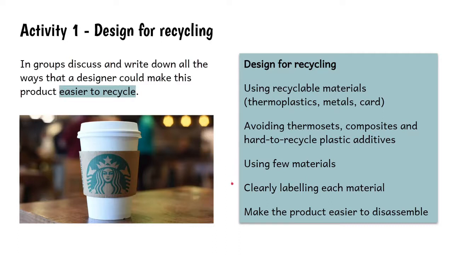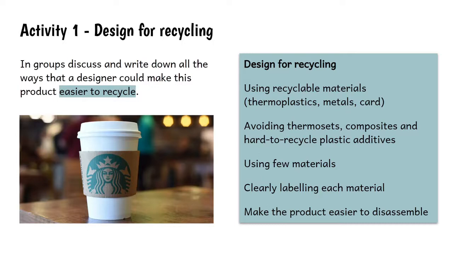We can also improve things if we clearly label which each material is, and that would make recycling a lot easier. Finally, we can look at making the product easier to disassemble. That's not so important with the Starbucks cup, but it could be for something a little bit more complicated. For example, if we were recycling components of a car or something like that, we'd have to make those components easy to pull apart and to separate.